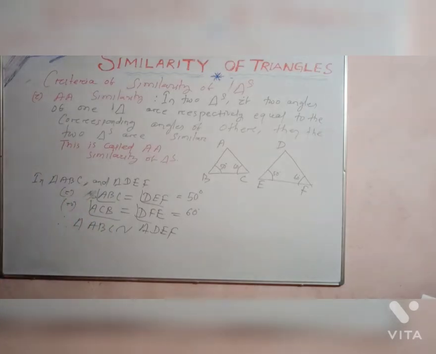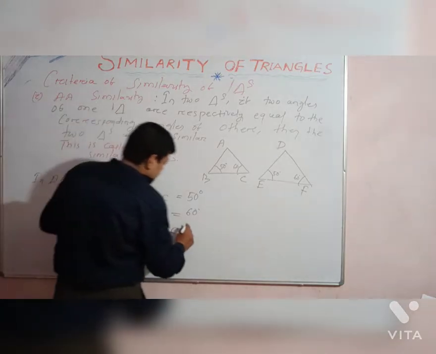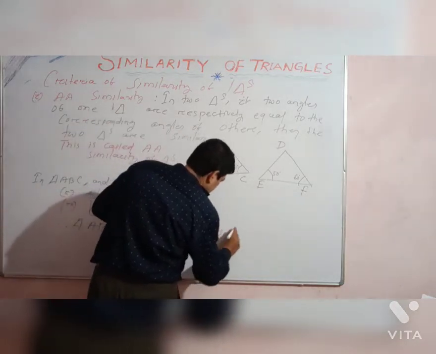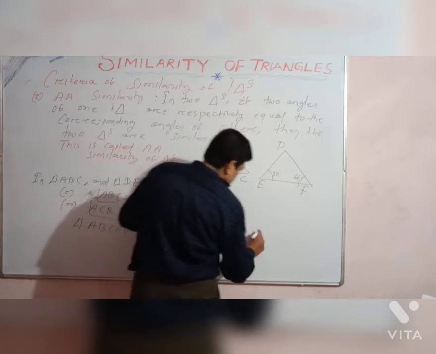There is an important theorem, and we also have to prove it. Later, in the next period, we shall discuss it. So this is about triangle similarity by angle similarity.